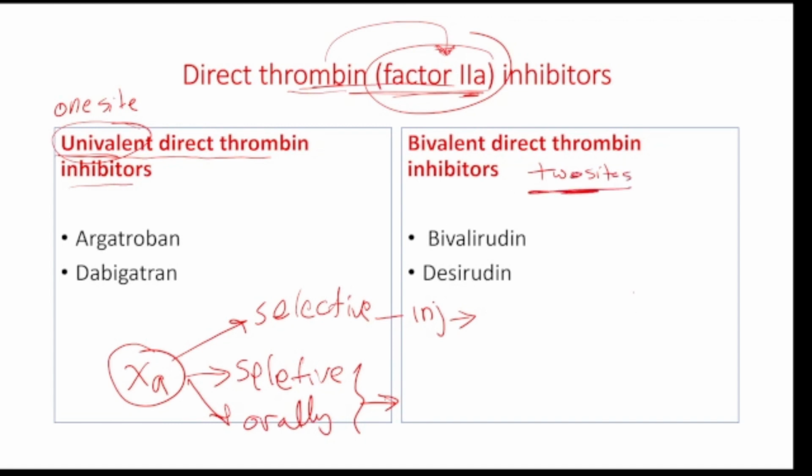Univalent direct thrombin inhibitors are argatroban and dabigatran. Bivalent direct thrombin inhibitors are bivalirudin and desirudin. We need to remember these two groups.